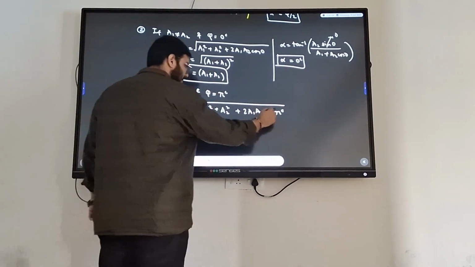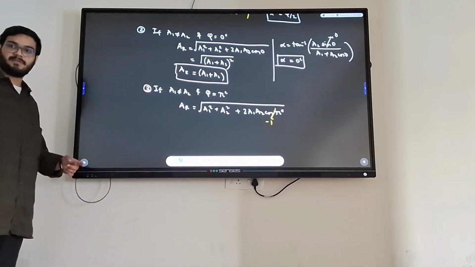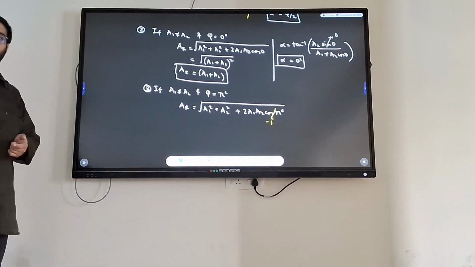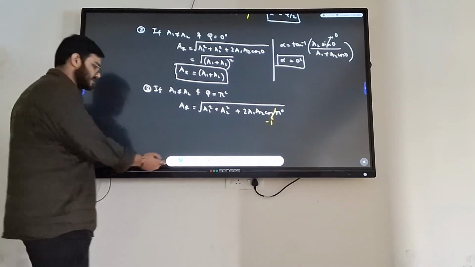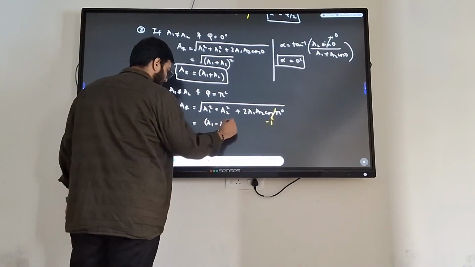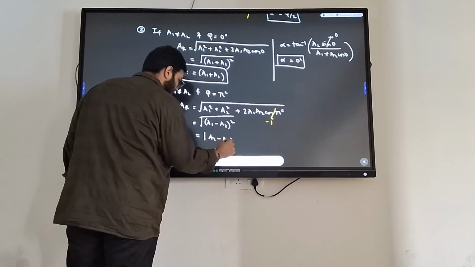That's minus 1. So you will write A1 square plus A2 square minus 2A1 A2. This can be written as A1 minus A2 the whole square or A2 minus A1 the whole square. So I should in general write something like mod of A1 minus A2.